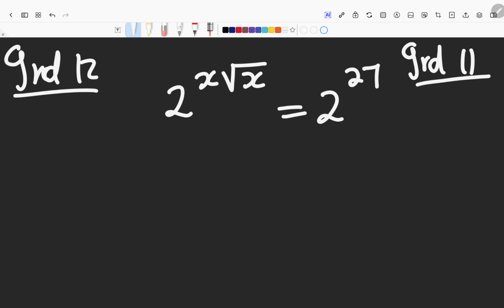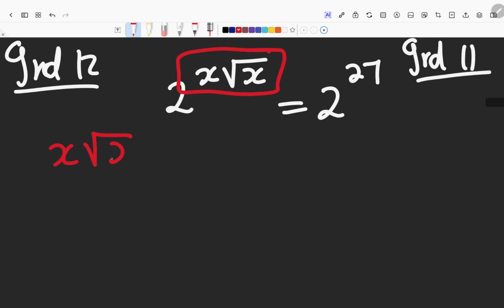So it is said that 2 exponent x root x is equal to 2 exponent 27. I want to talk about this a little bit. I just want to make sure you all understand this part. x root x is not equal to the x root of x.